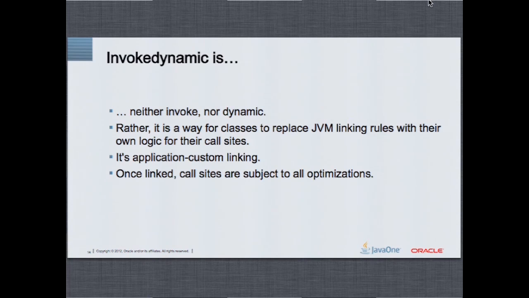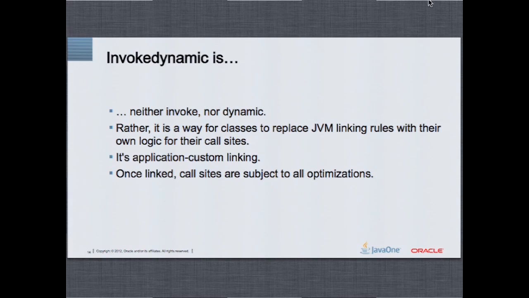I think Charlie Nutter said once that invoke dynamic is neither invoke nor dynamic, and that's true. It's really a way for applications to govern their own linkage. So if you have a call site, normal JVM linking rules, where the instructions invoke virtual and invoke interface, will specify, I want this call to link to a method in this class, named this, with a signature this.